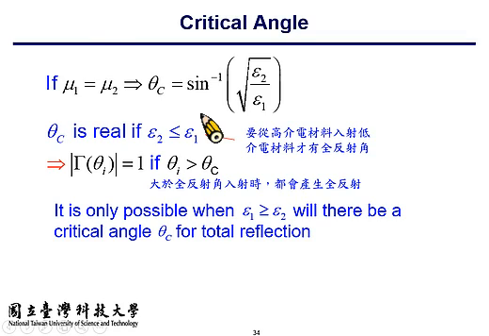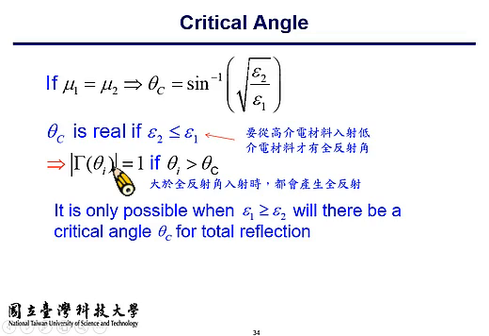So at the critical angle, theta c, to have a real solution, epsilon 2 must be smaller than epsilon 1. So you need to propagate from high permittivity material to low permittivity material. And what happens with the reflection coefficient for theta i greater than theta c? The result is that the magnitude of the reflection coefficient is 1 when your incident angle is greater than the critical angle.